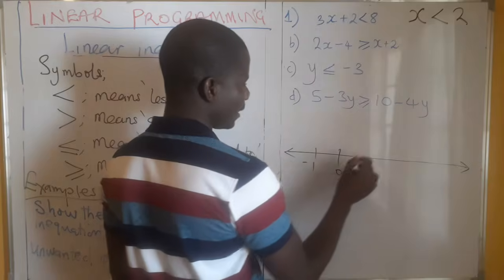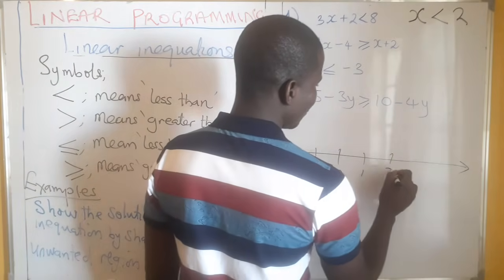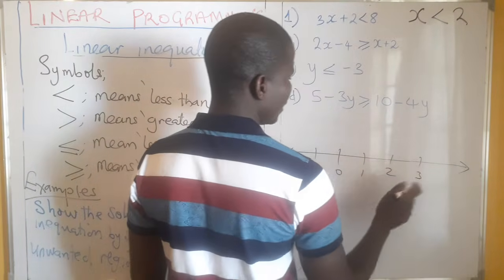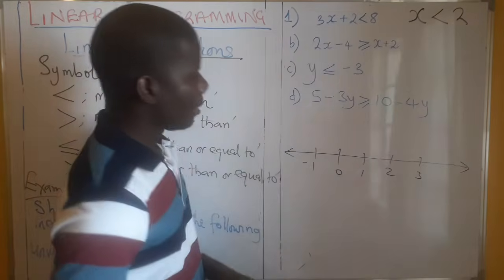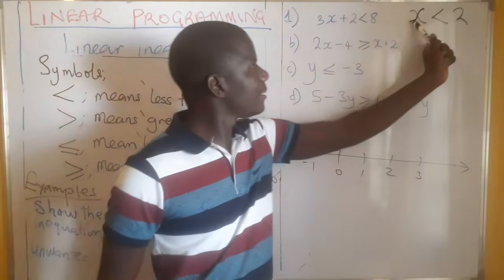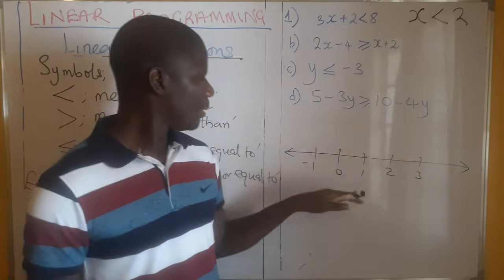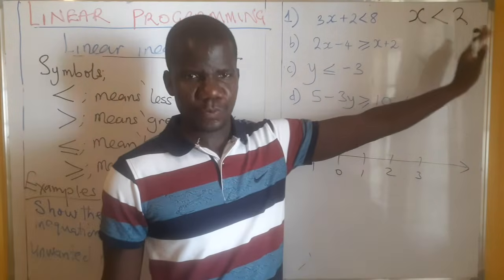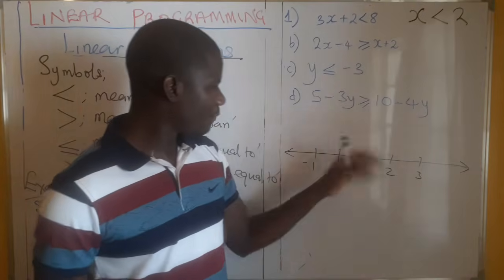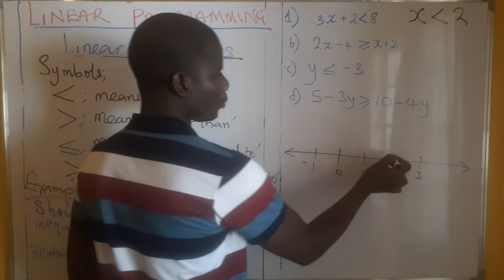These are negatives here. I've got 1, 2, 3 going forward. So x is, let's say this is an x coordinate. These ones here are less than 2. So if we are on the number line, we are here on 2.